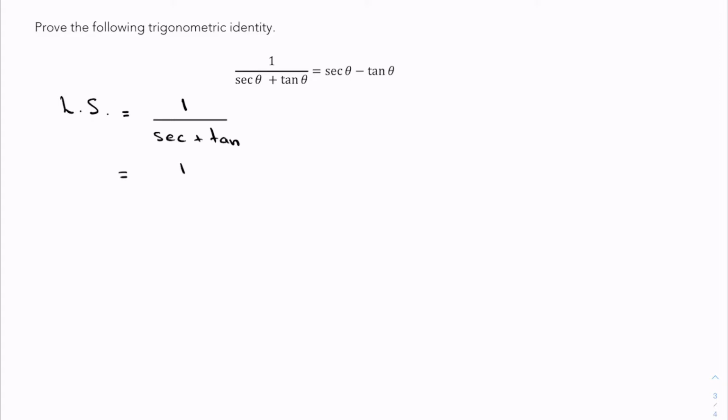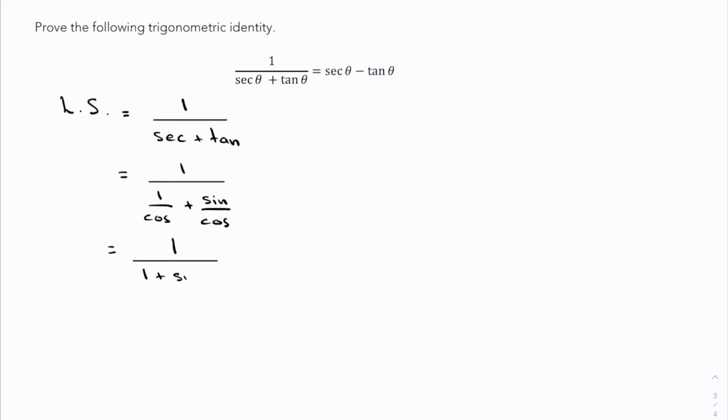Again, I'm just going with my gut feeling. Secant is 1 over cosine, and tan is sine over cos. Okay, so I can combine those together in my denominator. So notice how I have a fraction within a fraction, but I can still work with that.